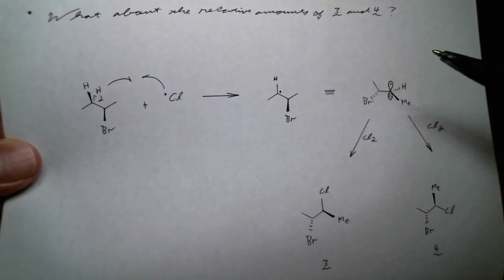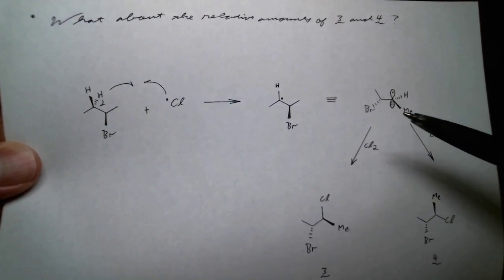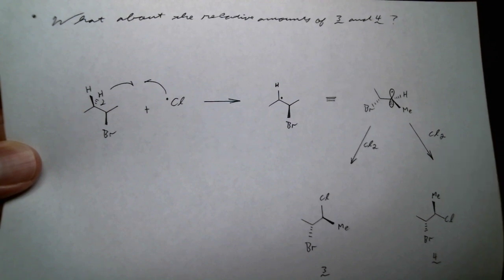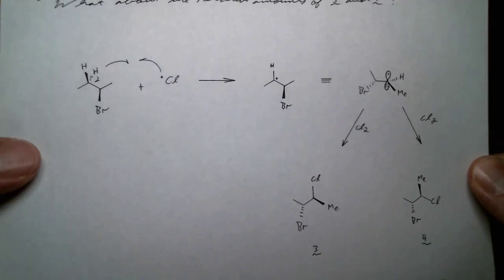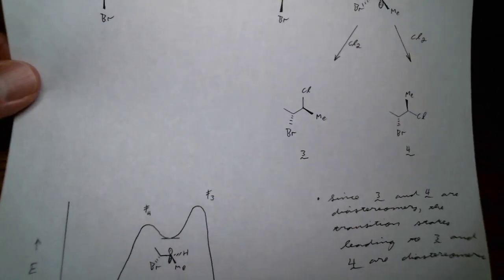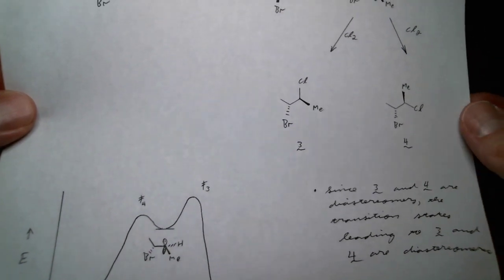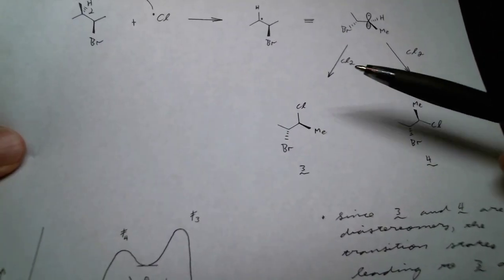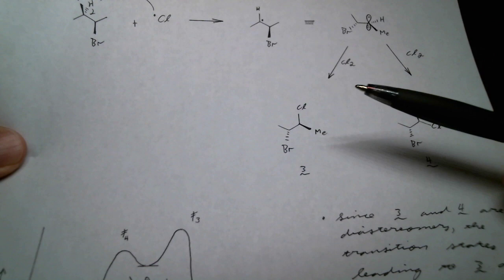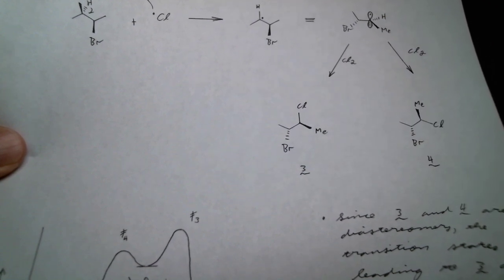It could come in from the top lobe or the bottom lobe, but now that is not energetically the same. Why? Because the transition states have a diastereotopic sort of look to them. So if our chlorine comes in from the top, we get 3. If our chlorine comes in from the bottom, we get 4.